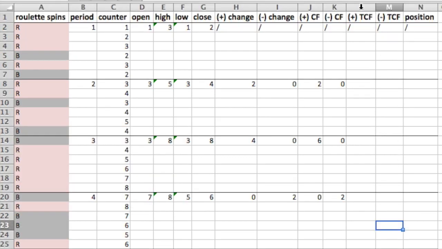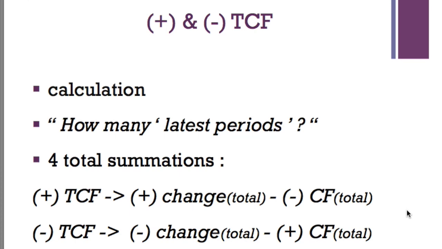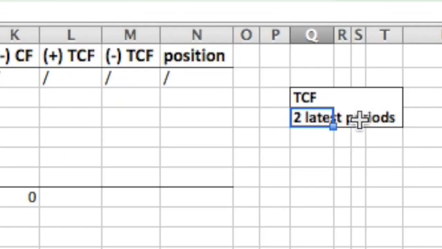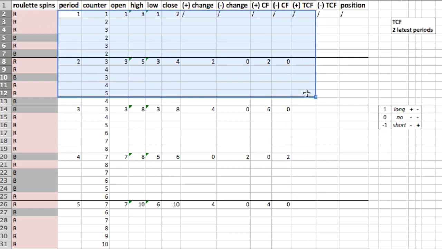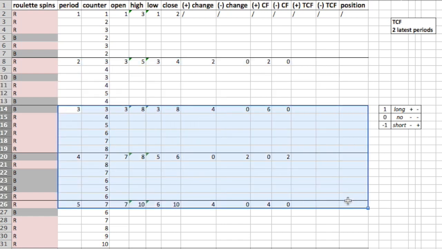Now we need to calculate the plus TCF and the minus TCF, the positive trend continuation factor and the negative trend continuation factor. You first ask yourself, how many latest periods do I want to consider? I use the 2 latest periods here. You can use 3 latest periods, or 5, 10, 15, 30, it's up to you.